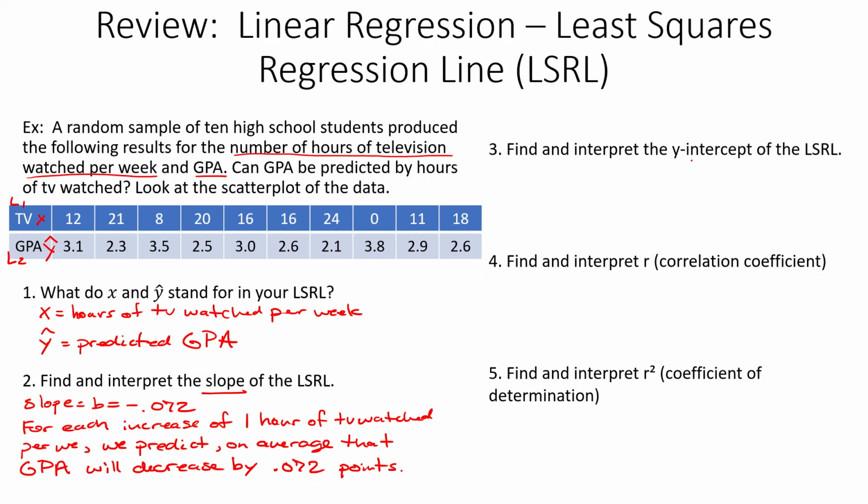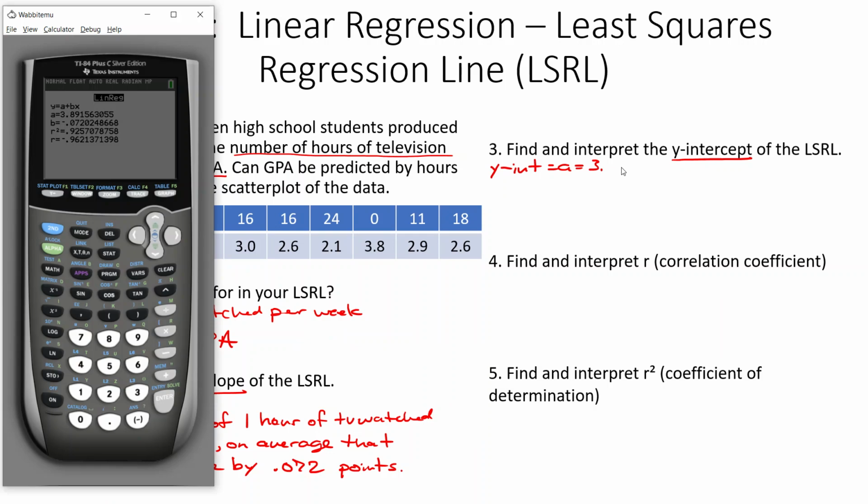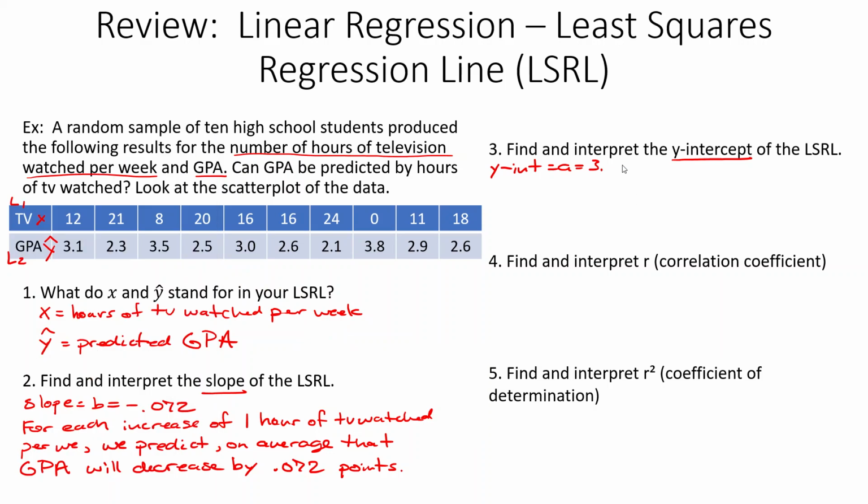All right, next we want to find and interpret the y-intercept. All right, so the y-intercept, the A, was 3.89, yep. All right, so that means that if X is 0, the number of hours is 0, the y-intercept, or the GPA we predict, is 3.89.